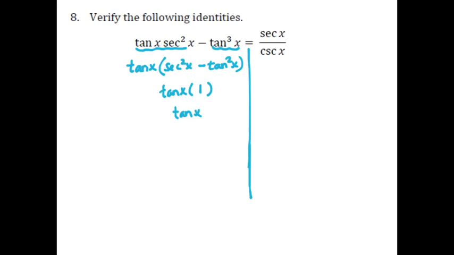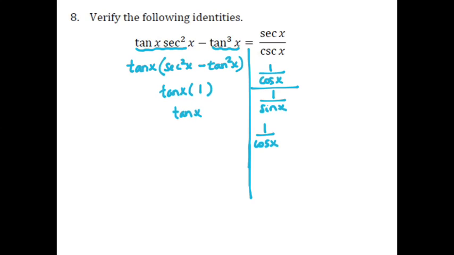At this point I think I'm going to switch over to the other side, and let's see if we can do something with this. Secant x is equal to 1 over cosine x, and cosecant x is equal to 1 over sine x. So now I've got two fractions that are being divided, and to divide fractions we multiply by the reciprocal.